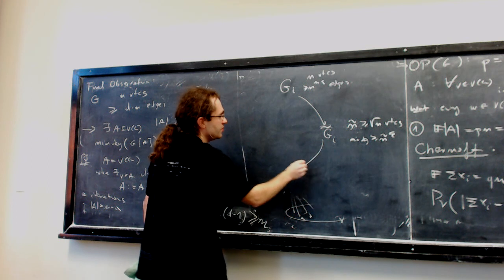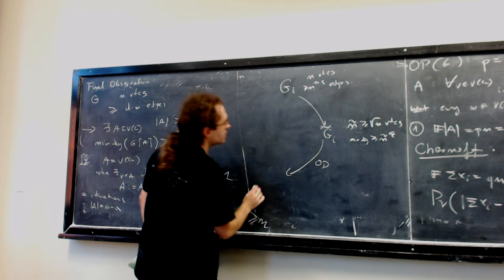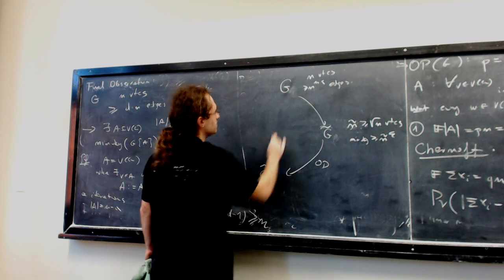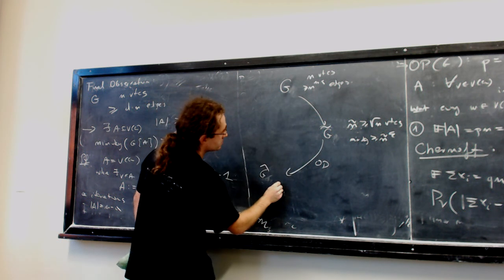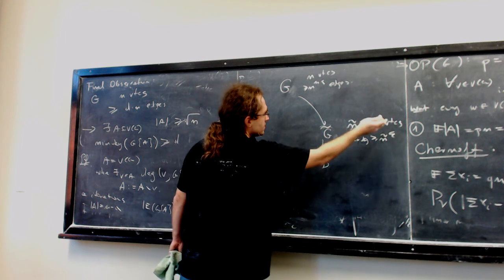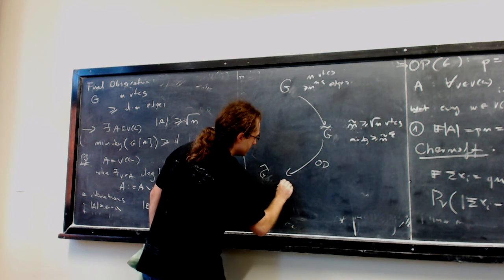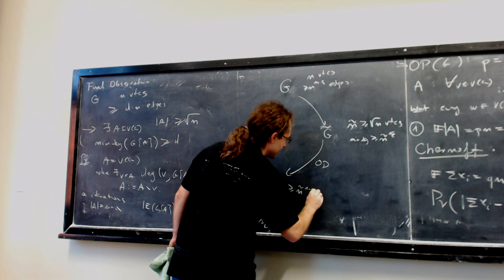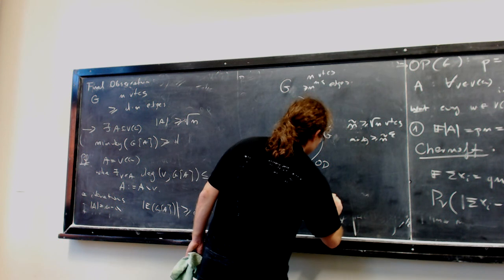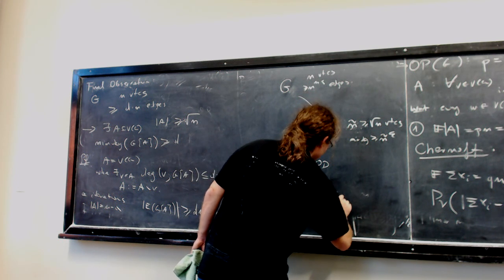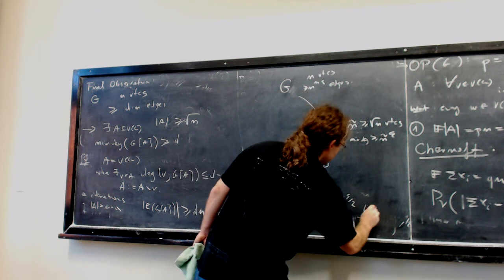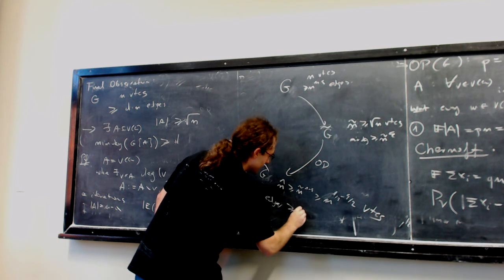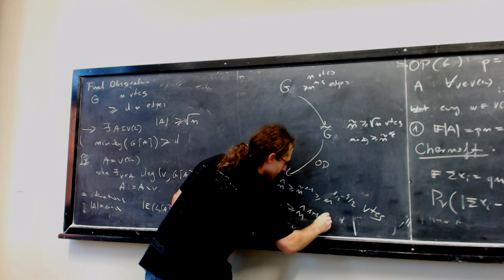Then we do the operation that gets some G_i hat. This G hat has got n hat at least n tilde to the 1 minus epsilon, which is at least root n to the half minus epsilon half vertices, and at least n hat to the 1 plus epsilon squared edges.